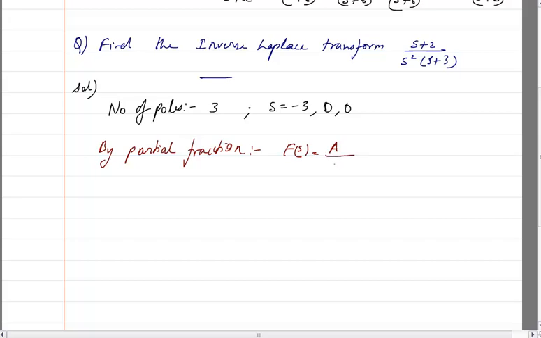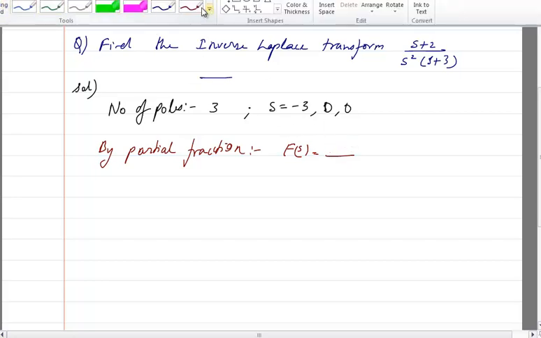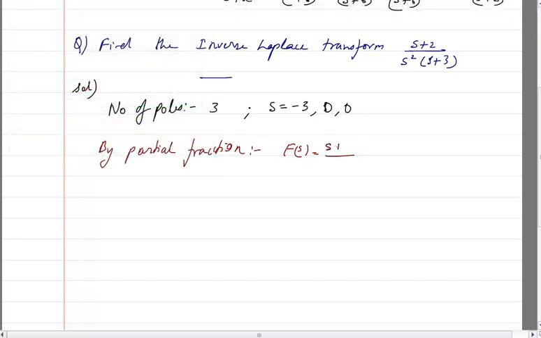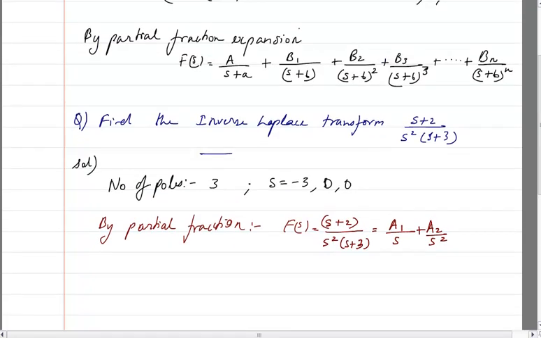So let me write the function again: s plus 2 divided by s squared into s plus 3. That can be written as A1 divided by s plus A2 divided by s squared. See what I have done for s squared: I have split it up as s, then s squared. If there had been s cubed, then I would have written plus A3 divided by s cubed.